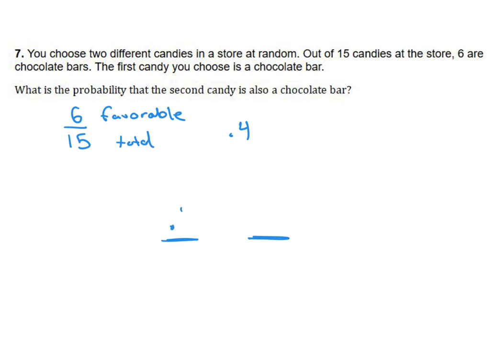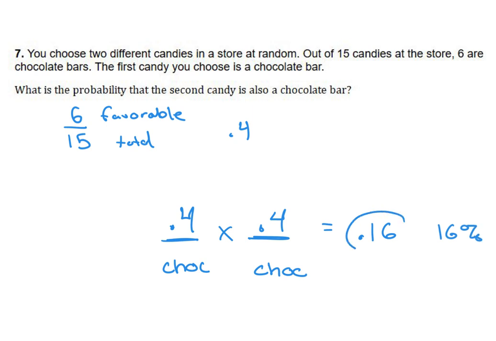The chance of picking a chocolate bar here is 0.4. The chances of picking another chocolate bar is 0.4. So 0.4 times 0.4 is 0.16, or 16%. And you could say that would be unlikely that you would pick 2 chocolate bars back to back.